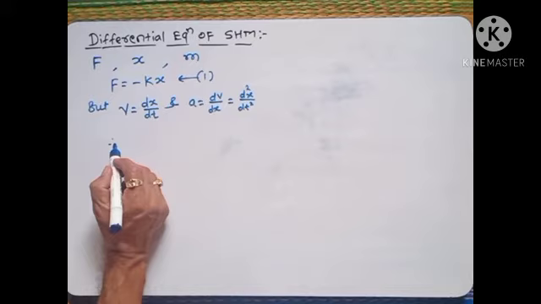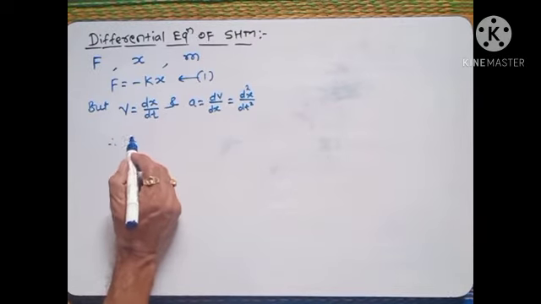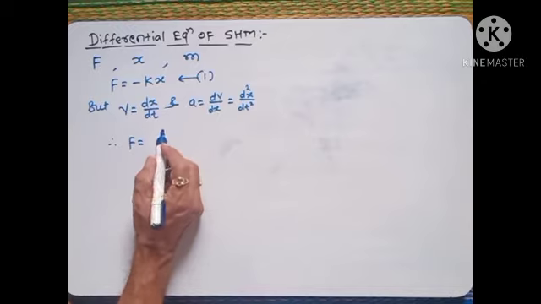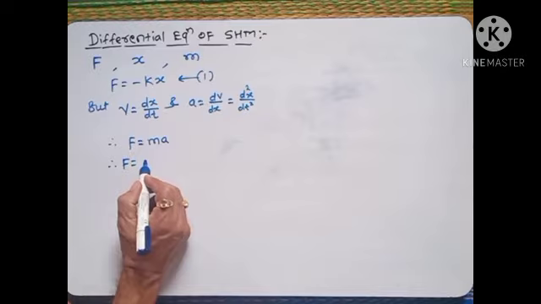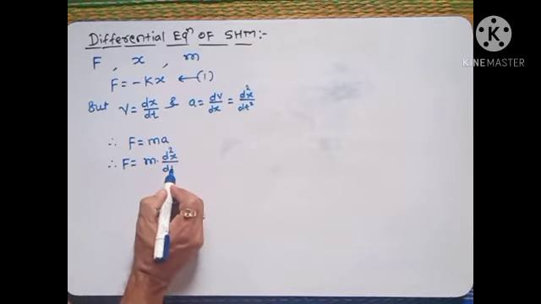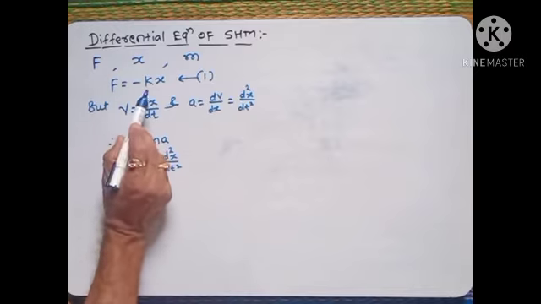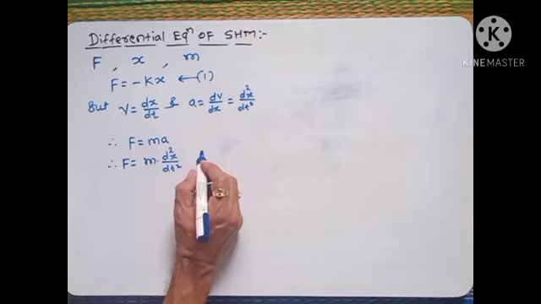Therefore we can write F equal to ma, and therefore F equal to m into d2x by dt2. Force can be written F equal to minus kx, also F equal to m into d2x by dt2.